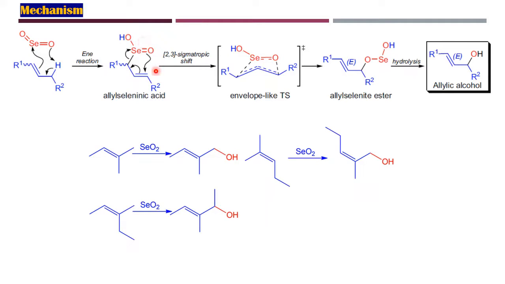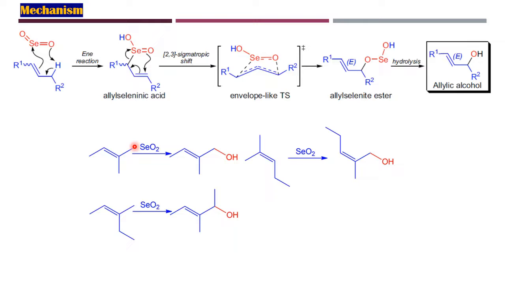So this is the allyl selenic acid intermediate, which further undergoes a 2,3-sigmatropic shift involving an envelope-like transition state, and that leads to the formation of an alkyl selenide, which on release undergoes removal of the selenium to form the allylic alcohol, keeping in mind that the stereochemistry has to be E over here.